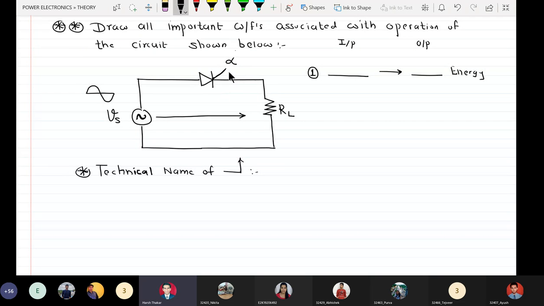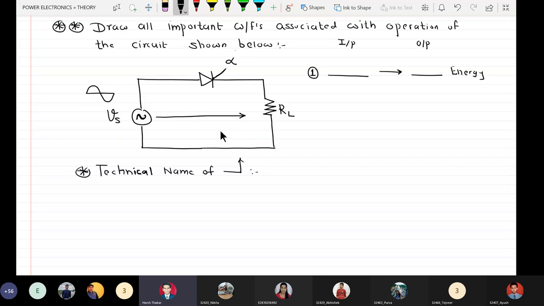The SCR will remain in the off state because the maximum voltage, which occurs at omega t equal to pi by 2 radian, is 325 volts, less than the 600 volts breakover voltage VBO. So I must apply a firing pulse here. Till the firing pulse is applied, the SCR will not conduct. There will be an open circuit between VS and RL.